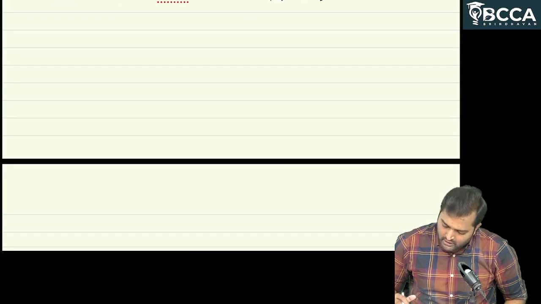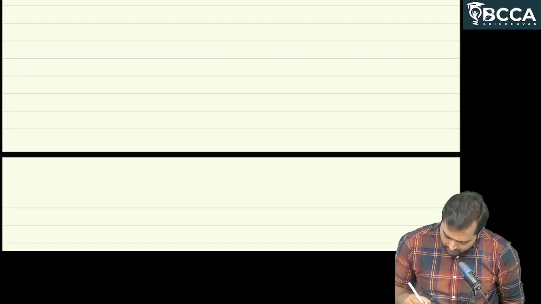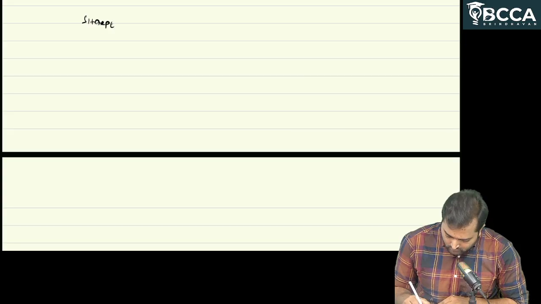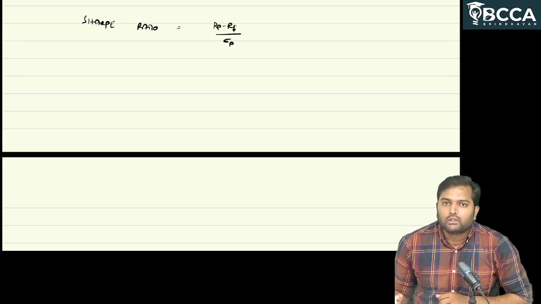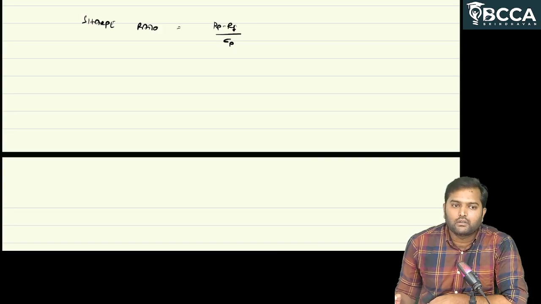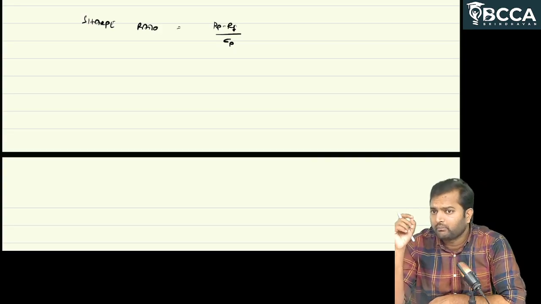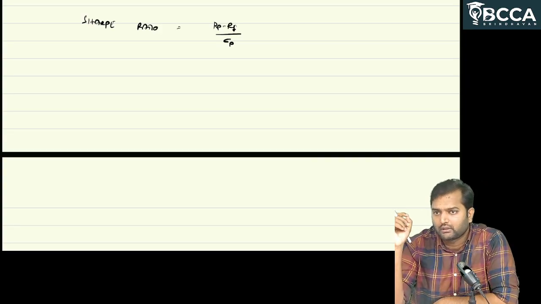After arbitrage pricing theory, we have learned the Sharpe ratio. What is the Sharpe ratio? Rp minus Rf divided by sigma p. It denotes excess return per unit of total risk.